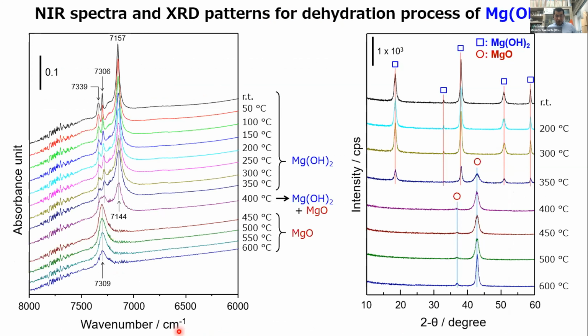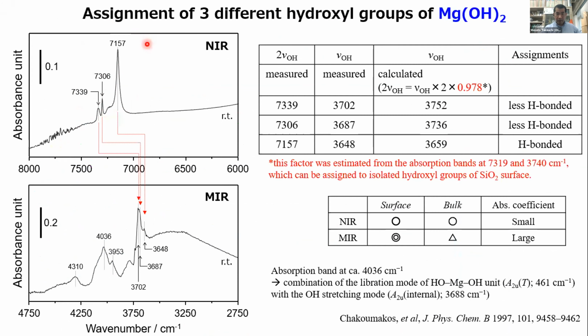Okay, so now I will show the results. These are NIR spectra and X-ray diffraction patterns for the dehydration of magnesium hydroxide. Before heat treatment, you can see 3 different absorption bands here. First, I will discuss these absorption bands. This is the same spectrum as in the previous slide, and this is the FTIR spectra in the middle IR region, observed at the same time.